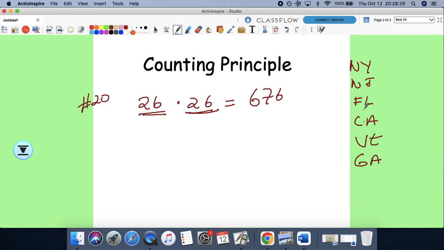Right, so she can't use the ones that are already in use. And how many do we already have in use? We already have 50 that are in use. So out of the 676, you have to subtract 50 that are already in use, right? And that leaves the class with a choice of 626 letter combinations for the new 51st state. Okay, that's it for this video.